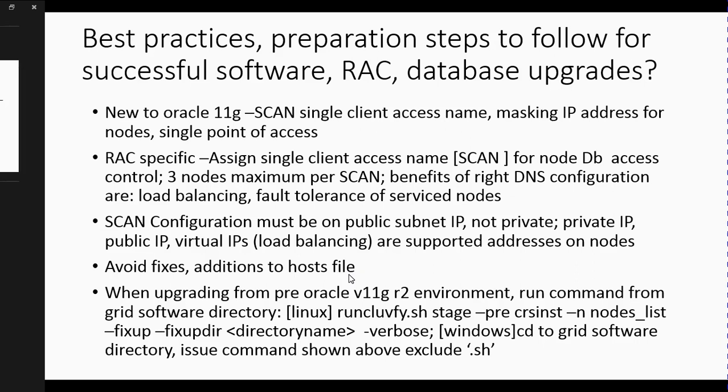You have to make sure you put in the private, virtual, and public IPs. You can do that initially, but in terms of using this file from an upgrade, it's advised not to go in there too frequently or to make changes to that file frequently.